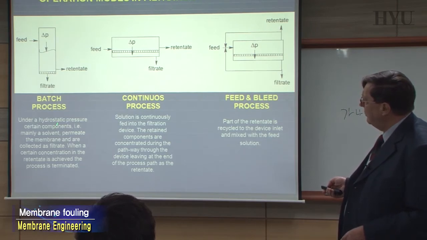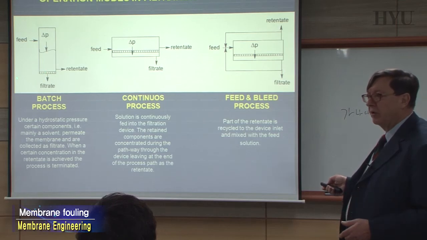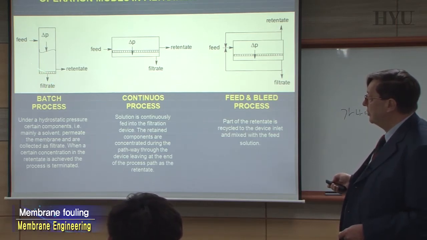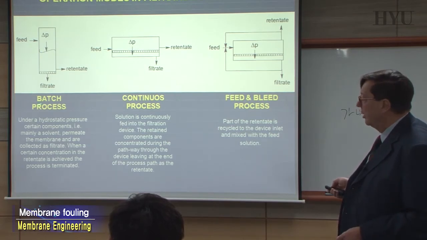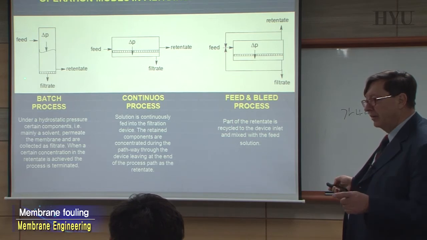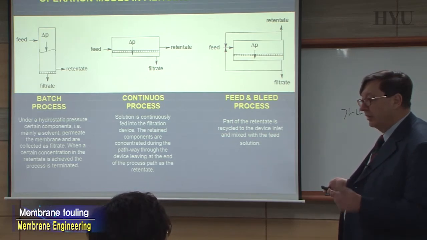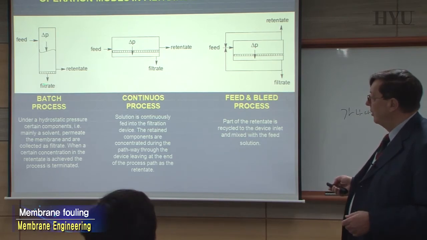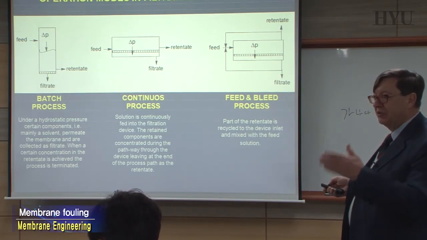Normally, this is a kind of batch system, which is the easiest way of using your module. It can also have a stirring system, etc., but it's a batch operation. Membranes have the possibility to operate not in batch. When you have a batch system, this is a discontinuous process.